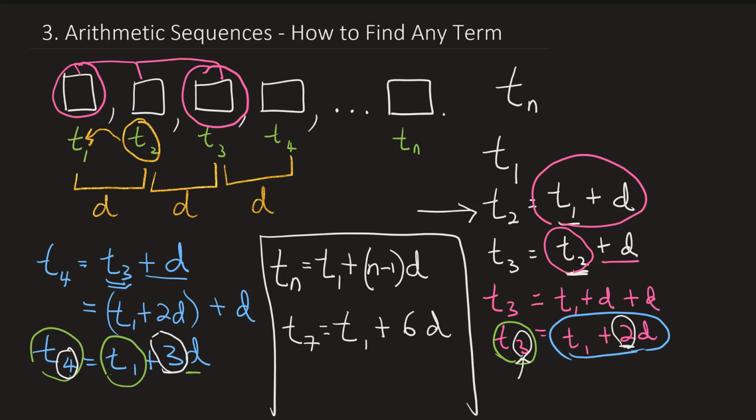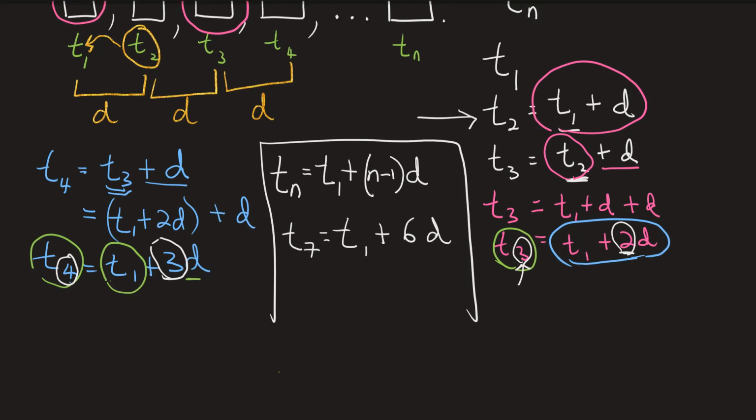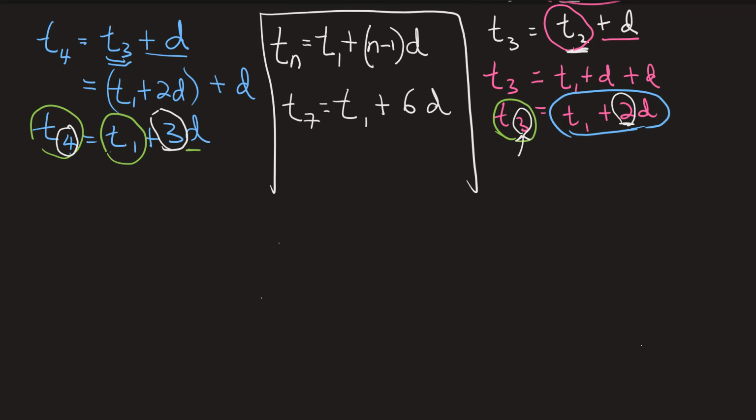Let's see if this works with some examples. I'll just move this up. I'm going to leave that there so that you can see this formula here. Let's take this sequence of even numbers, 2, 4, 6, 8, 10. Now to use this formula, I need the first term T1, and that's this one here.